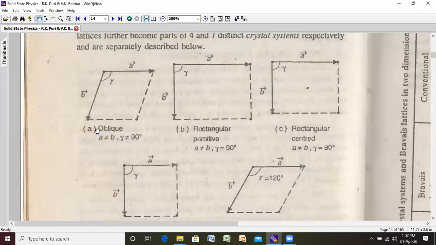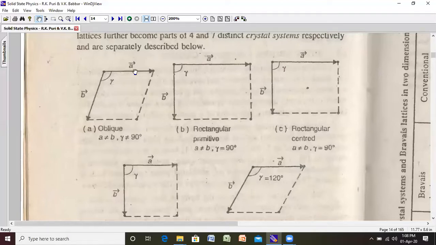In figure A, it is called the oblique Bravais lattice, in 2 dimensions I'm talking. So there are 2 sides. One is the a side, the other is the b side, and the other 2 sides are actually the reflection of these sides. And in oblique geometry, a and b are not equal. It means 2 sides of the lattice are not equal. a and b are the crystal axes we have already defined.